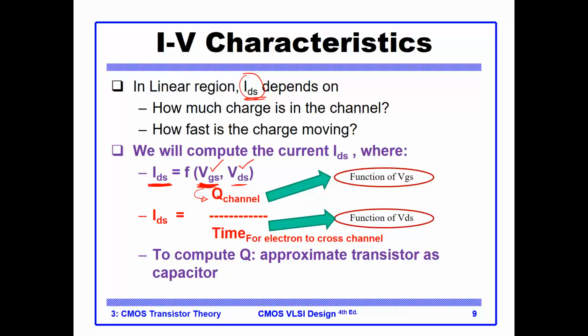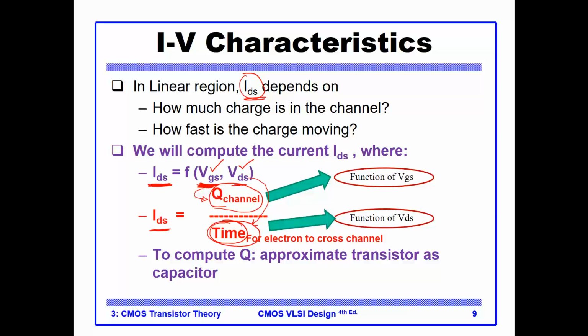And this channel will have charges inside it, electron charges, and the VDS is in charge of moving these electrons through the channel. So what we will do, we will try to estimate the charges in the channel and estimate the time for the charges to cross the channel, right? And this is how we will derive IDS.